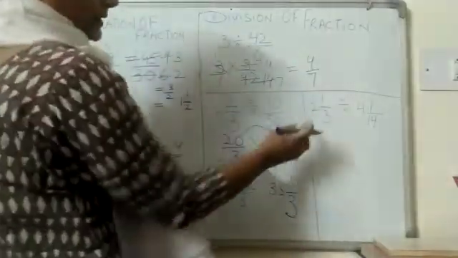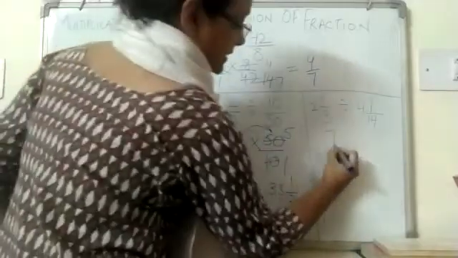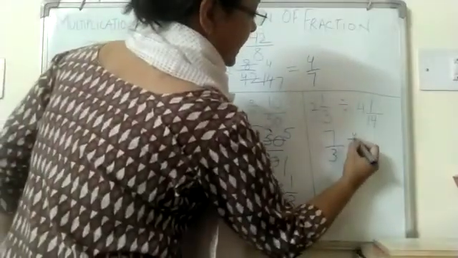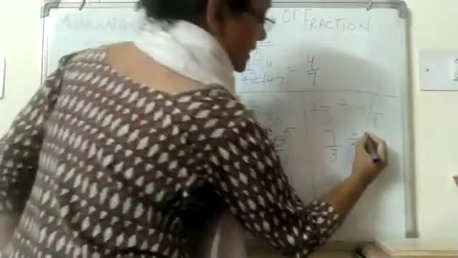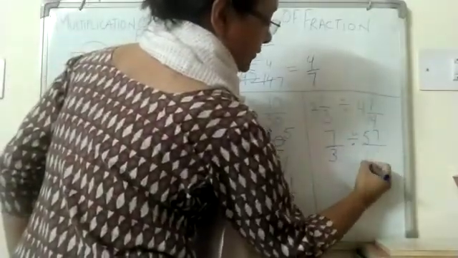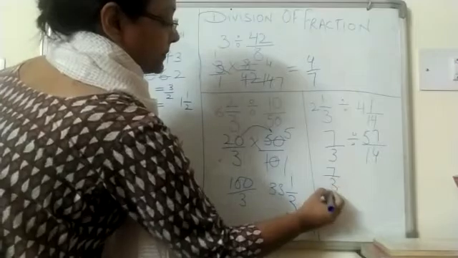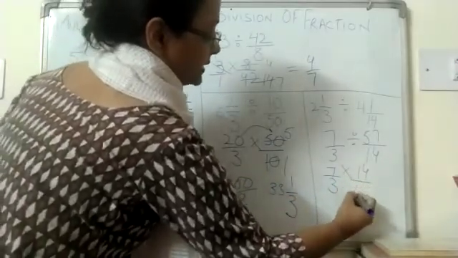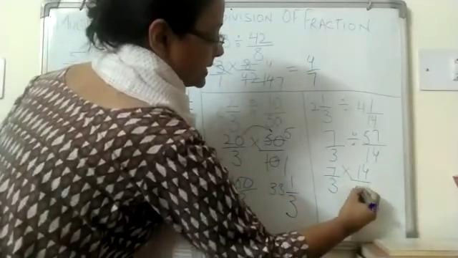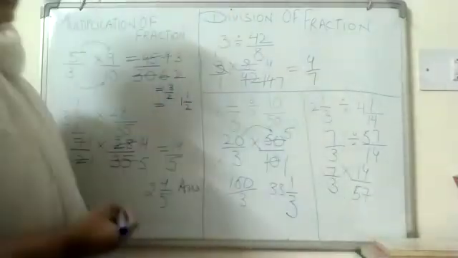3 2s are 6 plus 1, 7 by 3, divided by 14 into 4, 56 plus 1, 57 upon 14. Now after this, 7 by 3, divide will change into multiplication, 14 upon 57, reciprocated.